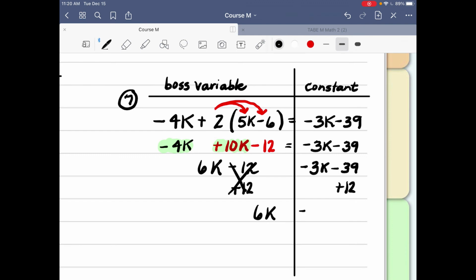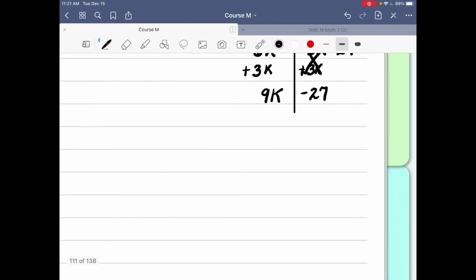So I'm left with 6k minus 3k and then negative 39 plus 12. Be careful there, it is negative 27. And then I'm going to move the 3k over to this side. So that leaves me with 9k and a negative 27.